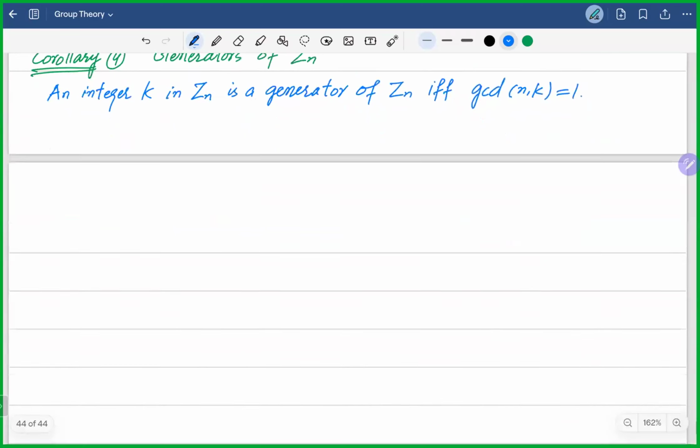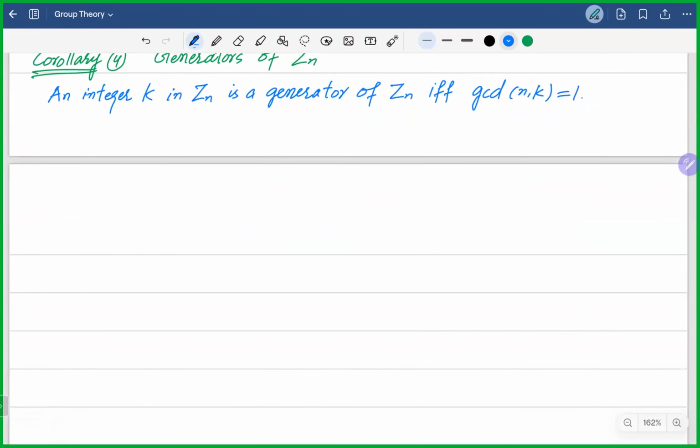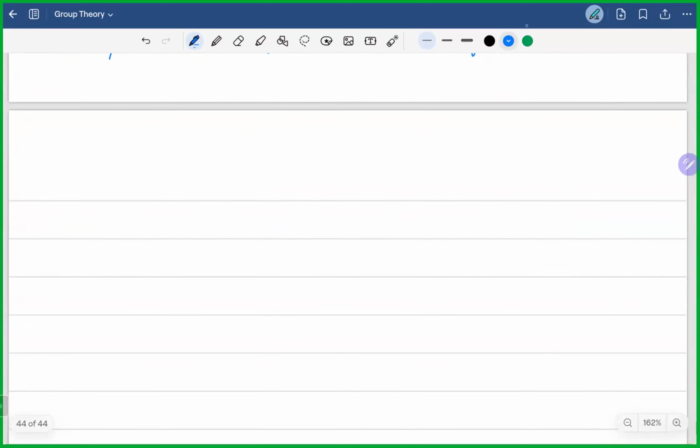Now, to understand the power of corollary 3, let us illustrate the real power by finding all the generators of the cyclic group U of 50. In an example, it says find all generators of U of 50.